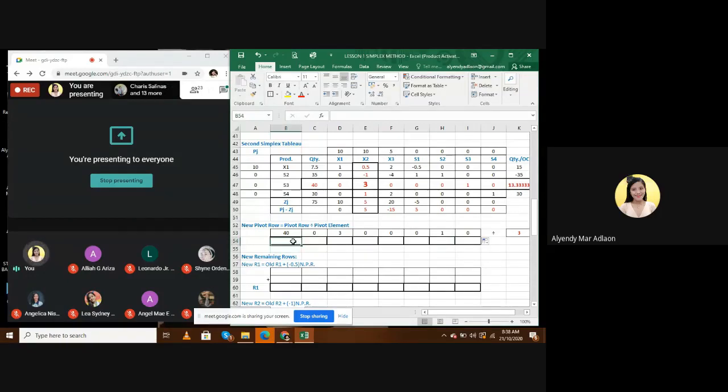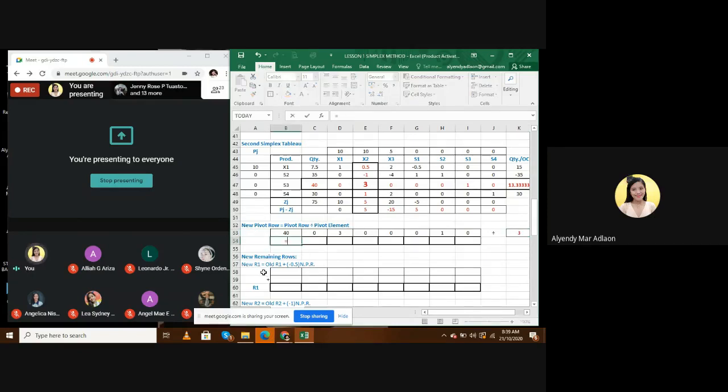Next, ana is, kani sila pivot row, i-divide nato na siya sa pivot element. Kaya may pivot element kaning naa sa intersection, which is the 3. So, 40 divided by 3, 0 divided by 3, 3 divided by 3, 0 divided by 3. Na diri akong gibutang, divided by 3.